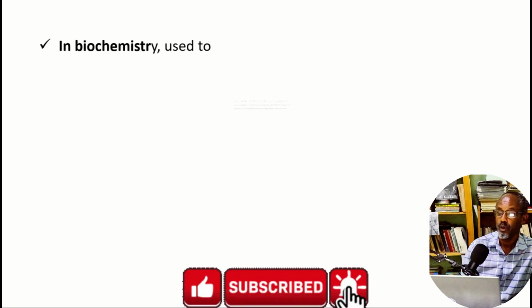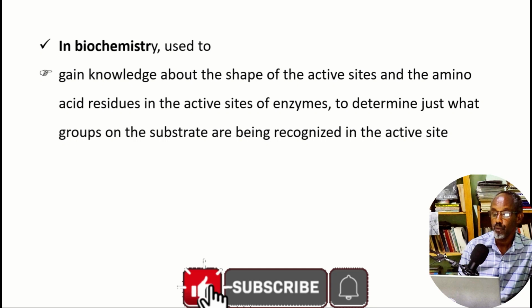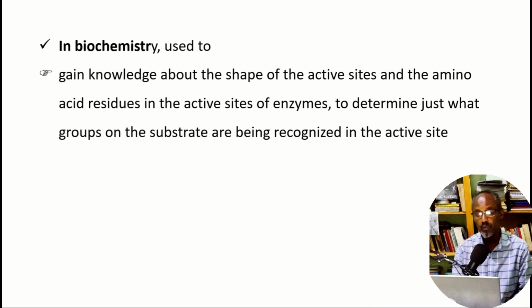In biochemistry, inhibitors are used to gain knowledge about the shape of the active sites and the amino acid residues in the active site of enzymes, to determine just what groups on the substrate are being recognized in the active site. It allows biochemists to gain knowledge on the shape of the active site, how the active site is interacting, and what specific amino acid types are in the active site.